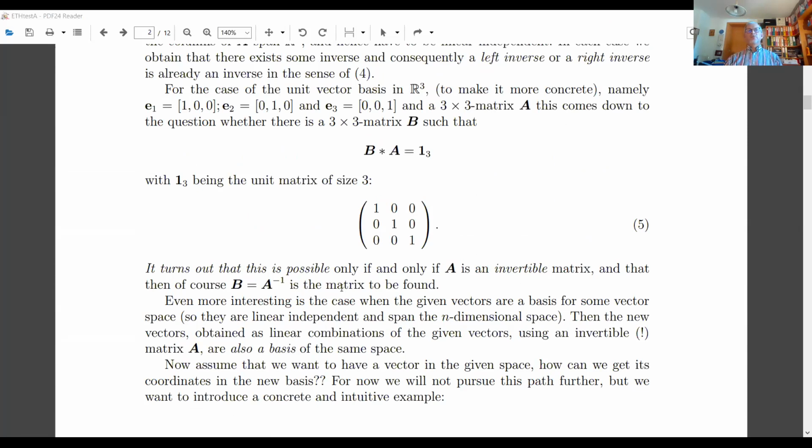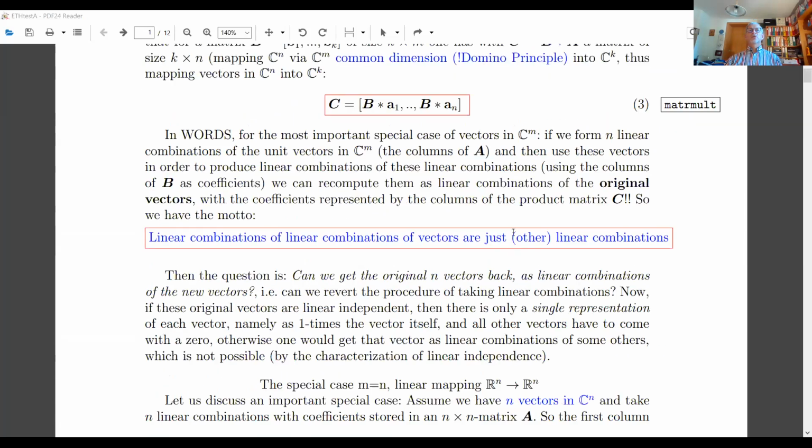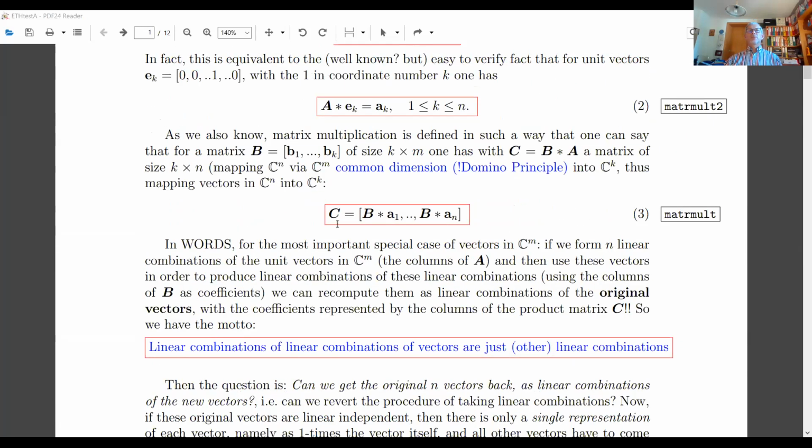And then you have to come up with a kind of multiplication of the matrices. And this is the well-known scheme of matrix multiplication. Actually, I should go back and recall to you, matrix multiplication is just applying a matrix B to all the columns of the matrix A in order to get B combined with A.